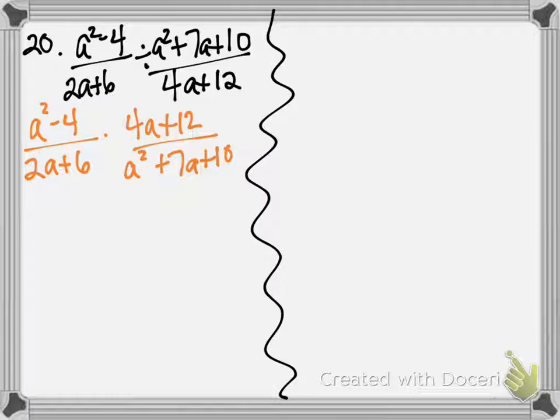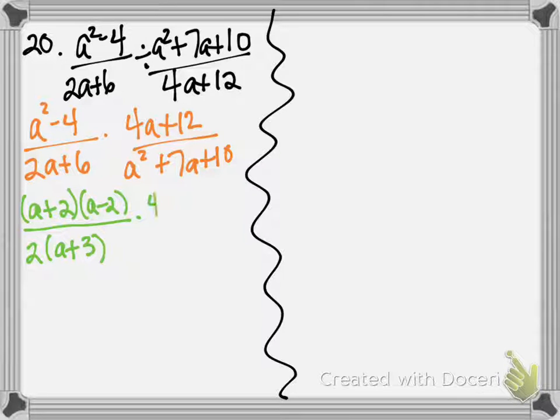So the top left factors into a plus 2 and a minus 2. The bottom, we're going to factor out a common term, which is 2, and we're left with a plus 3. The top right, we're going to factor out a common term of 4, so that's going to be 4 times a plus 3. And the bottom will factor into a plus 5 and a plus 2.